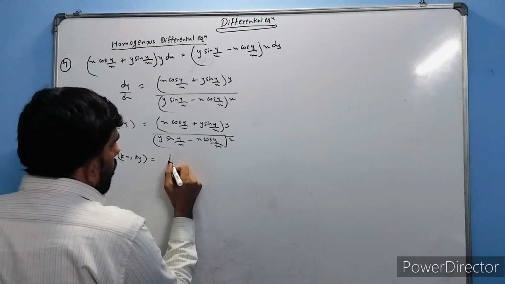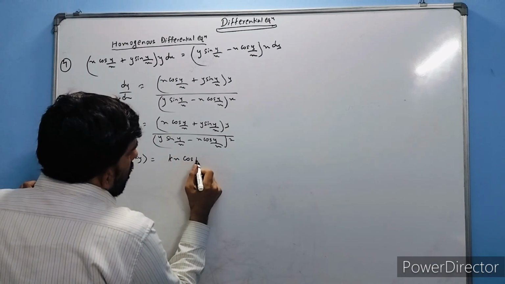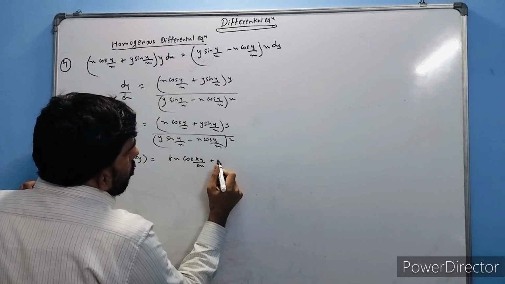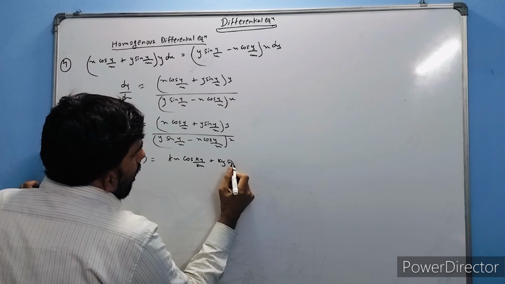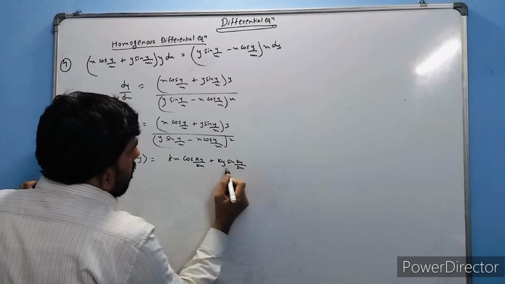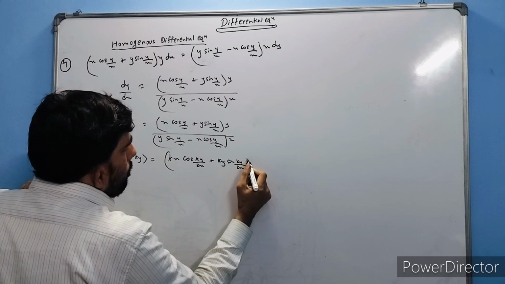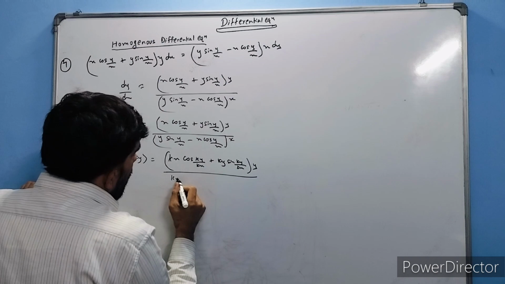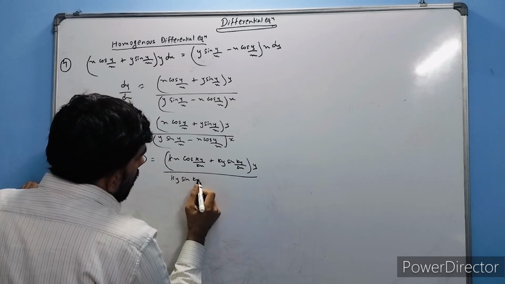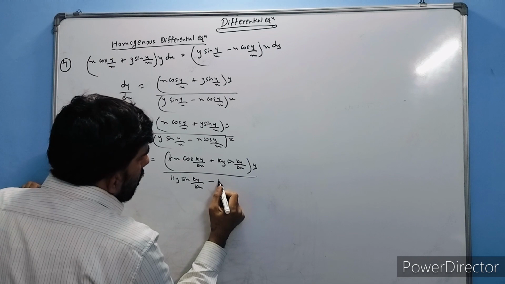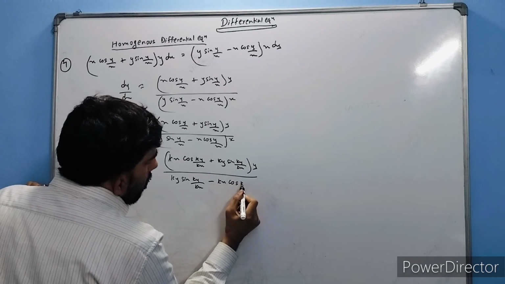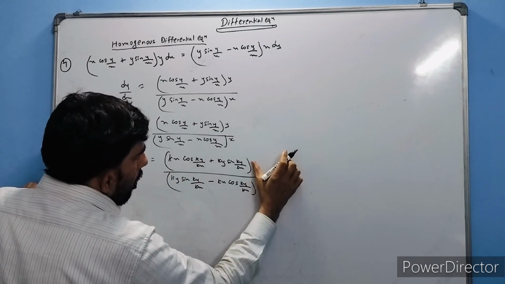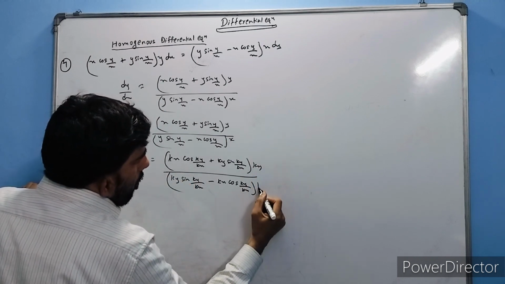Now here we have kx cos(ky/kx) + ky sin(ky/kx), times ky, upon ky sin(ky/kx) - kx cos(ky/kx), times kx.